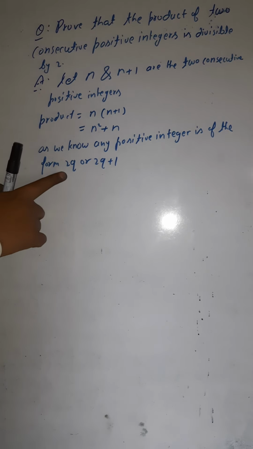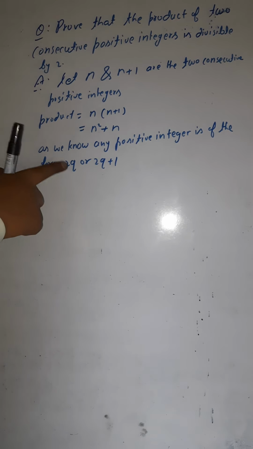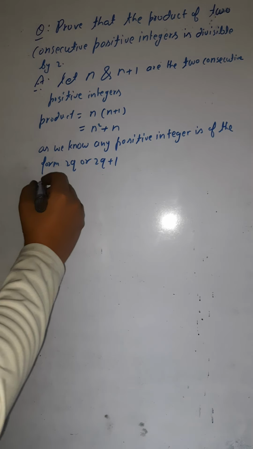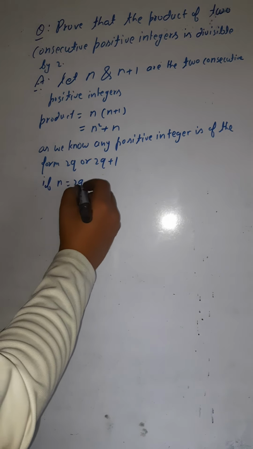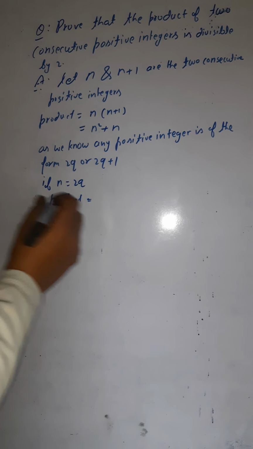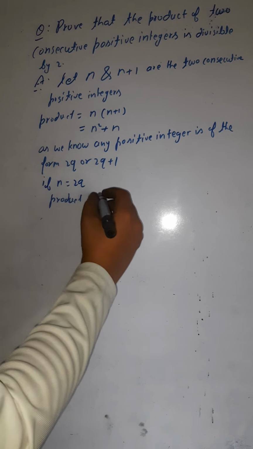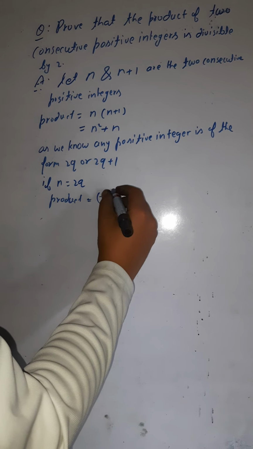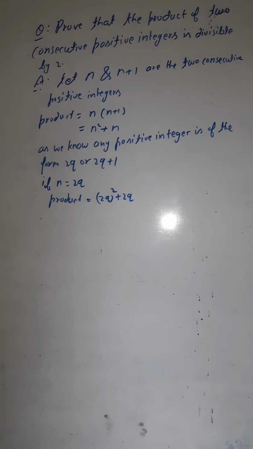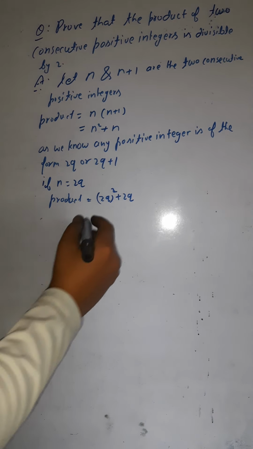Okay, now if it is in the form of 2q, let's say n is 2q now. Let's say n is 2q. So what would be the product? Now if n is 2q, so product would be what? In place of n you put 2q, so it would be square of 2q plus 2q. In place of n, just put there the value 2q.